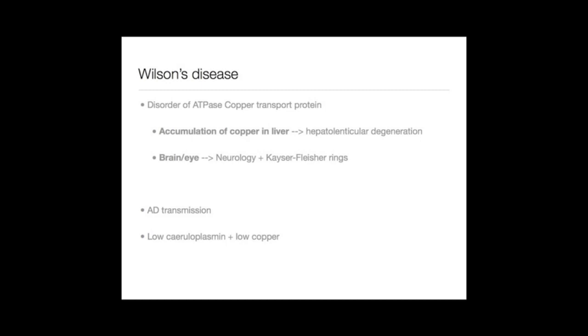And in terms of the liver, this causes an accumulation of copper, leading to this particular histological appearance of hepatolenticular degeneration. However, this enzyme is also affected in other organ systems, in particular the central nervous system and the eyes, and this gives rise to the Kayser-Fleischer rings, which everyone learns about.